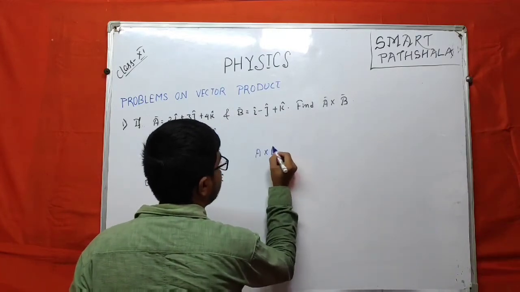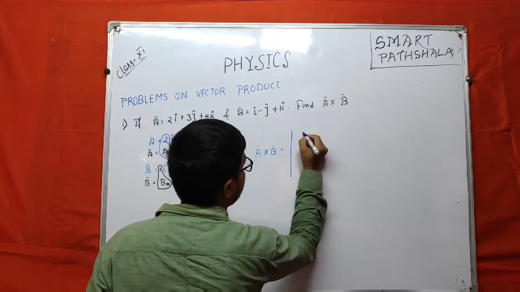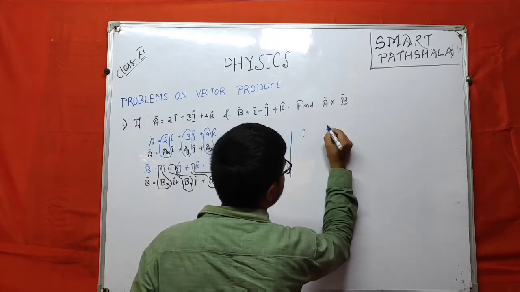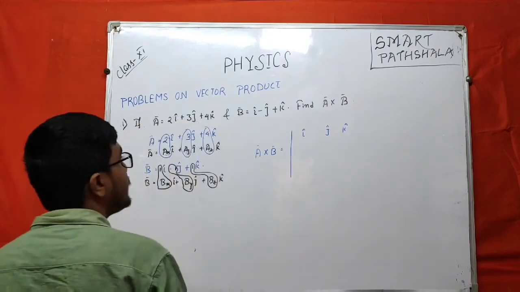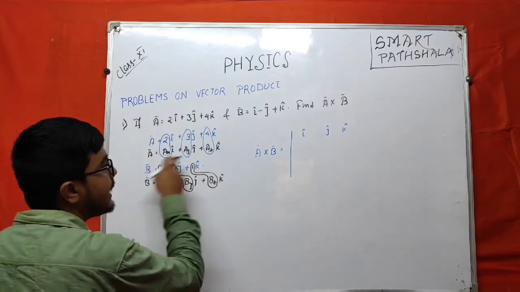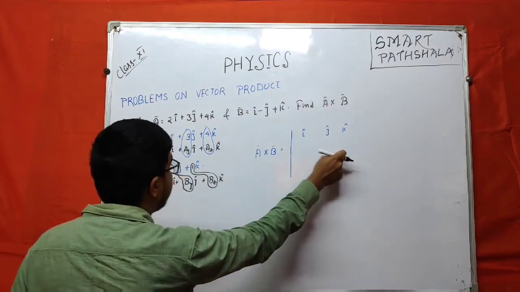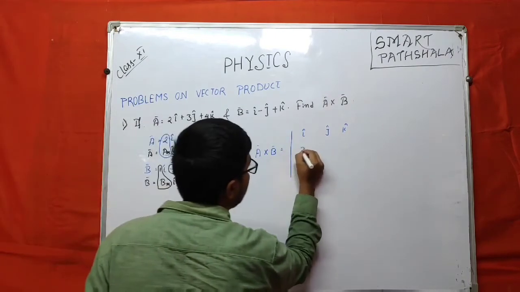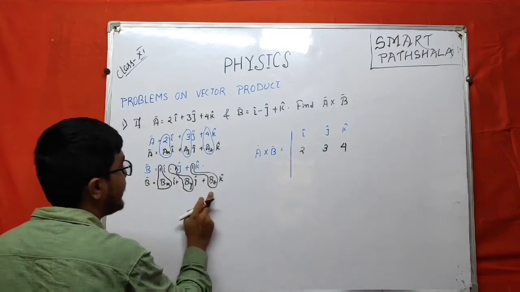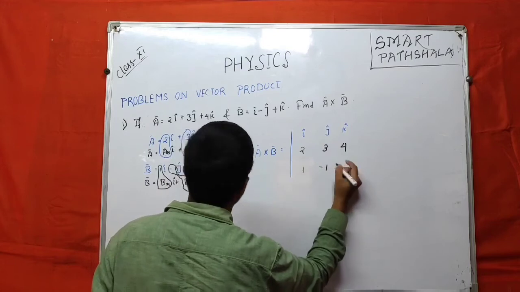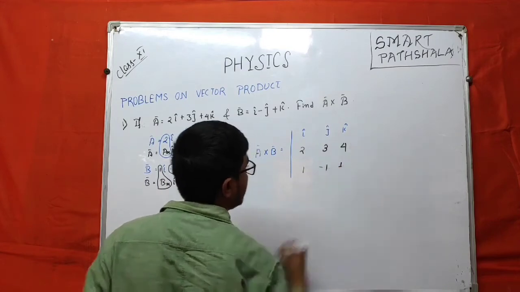So A cross B equal to, put it in a determinant form: i cap, j cap, k cap. Then put the values of AX, AY, AZ, so 2, 3 and 4. Then BX, BY, BZ: 1, minus 1 and 1.